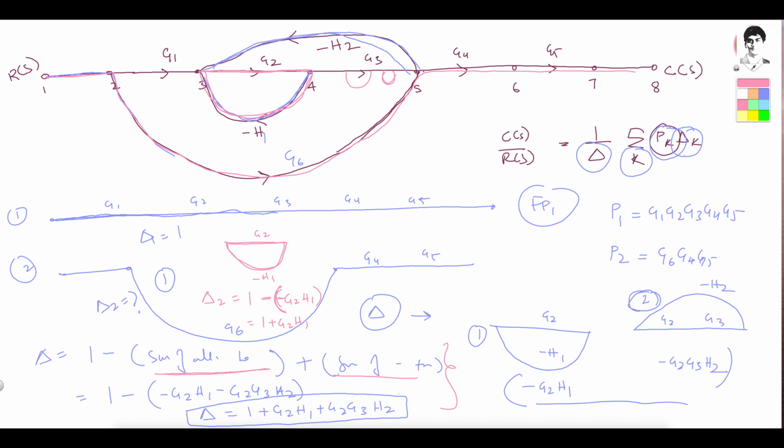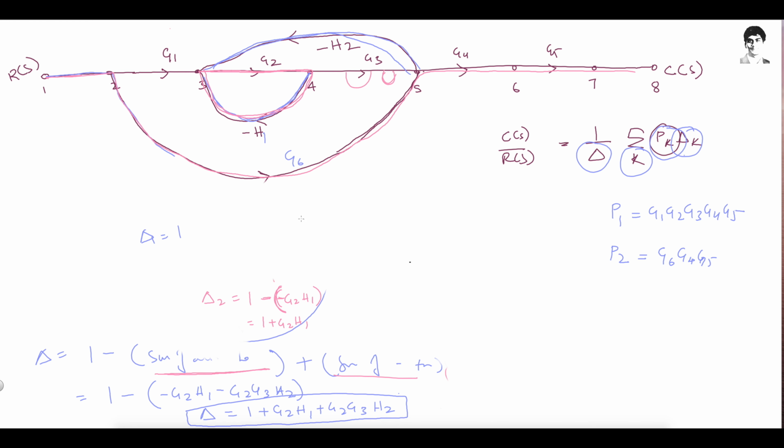I think I gotta clear some space. So now our transfer function C of S by R of S is given by 1 by delta. What is the delta value? This one. So 1 by 1 plus G2 H1 plus G2 G3 H2, into P1 delta 1 plus P2 delta 2. So what is P1? I'm gonna write this again.